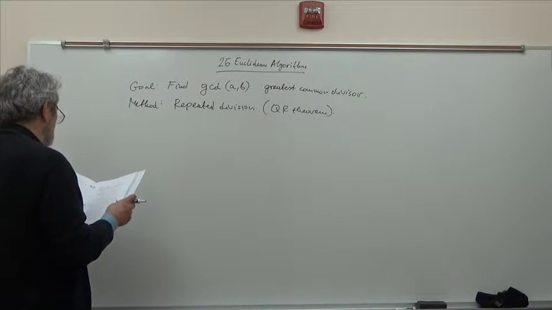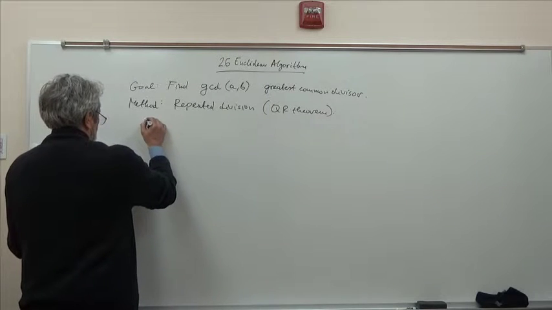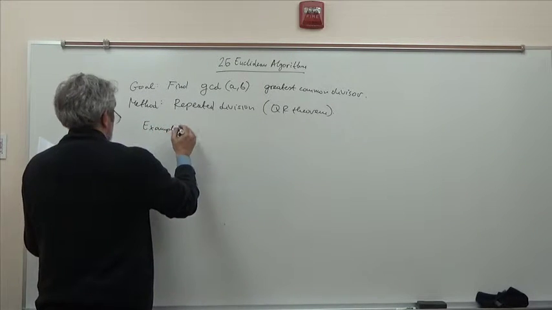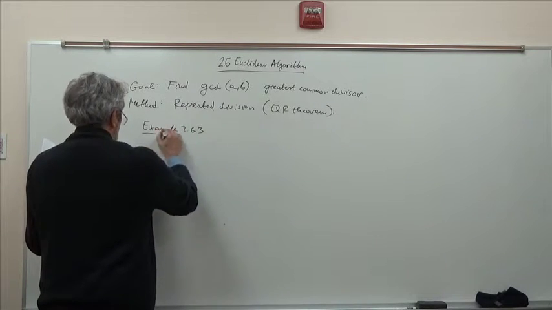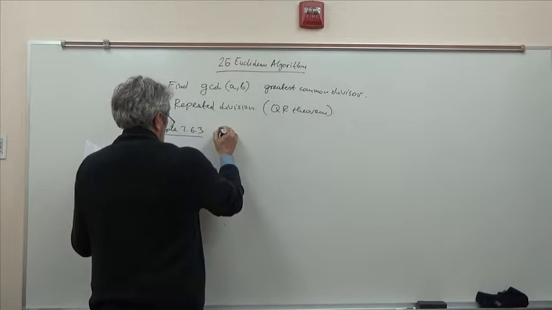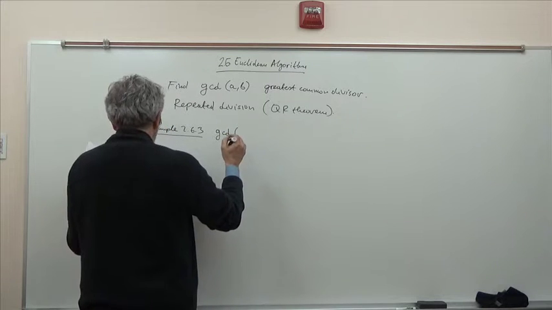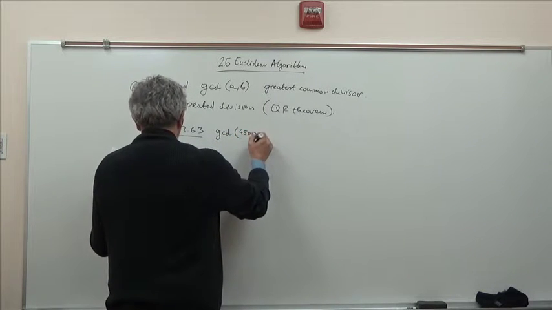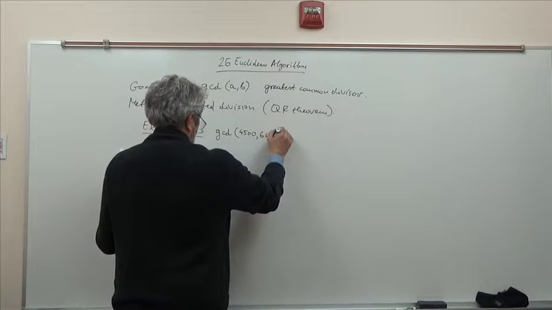So in example 2.6.3, here's our goal. We want to find GCD of 4,500 and 6615.